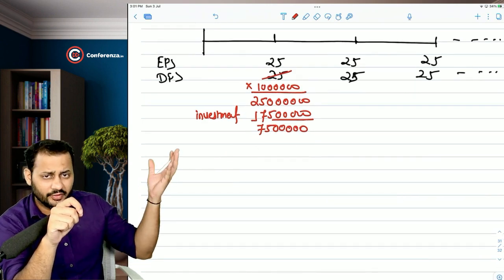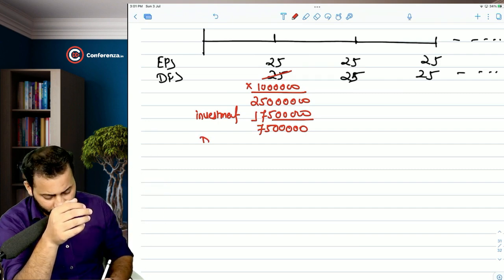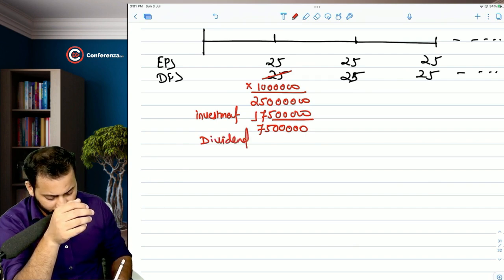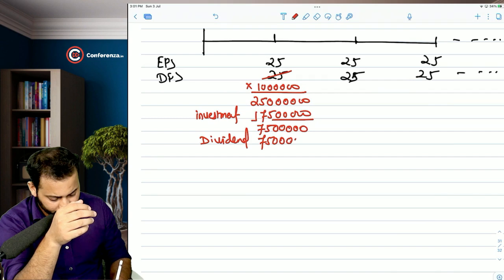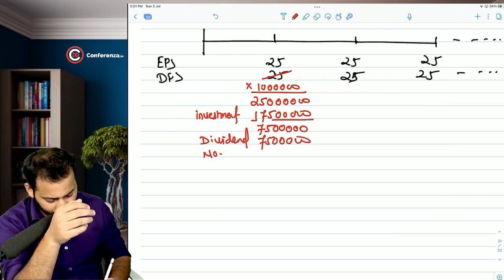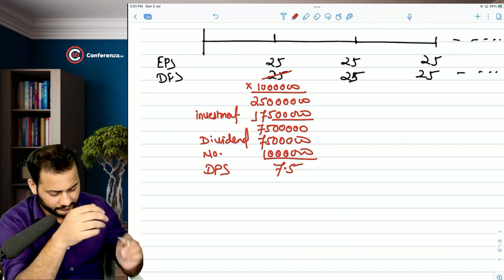As you are following 100% DPR, you can distribute the entire amount as dividend. The number of shares is 10 lakhs and the dividend per share will be 7.5.